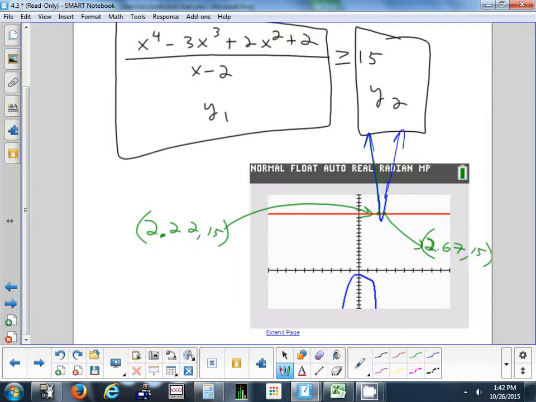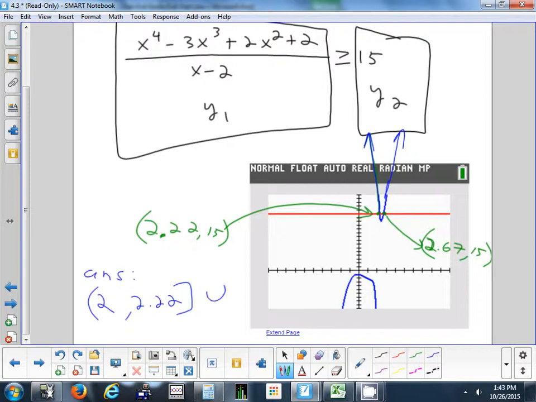No, negative infinity. No, we can't go all the way from negative infinity because there's an asymptote. Oh wait, from the asymptote, yeah. From positive 2, we're way up at infinity, and we're coming down all the way to 2.22. Okay, and it does say greater than or equal, so we can include it.